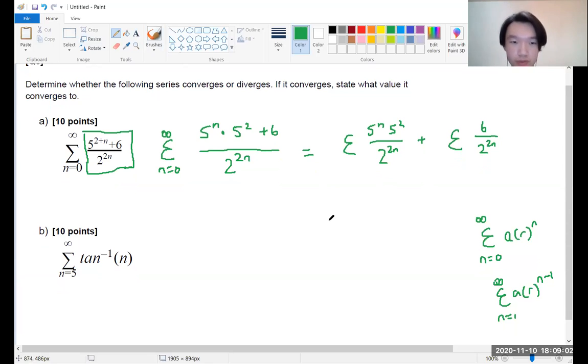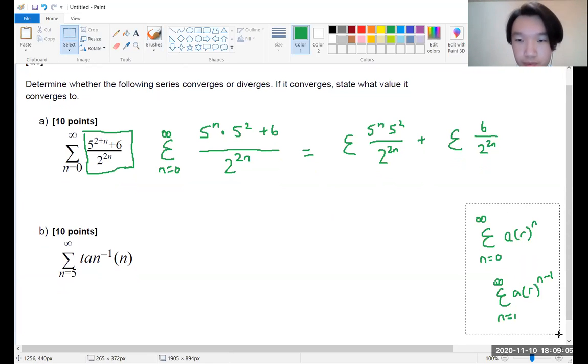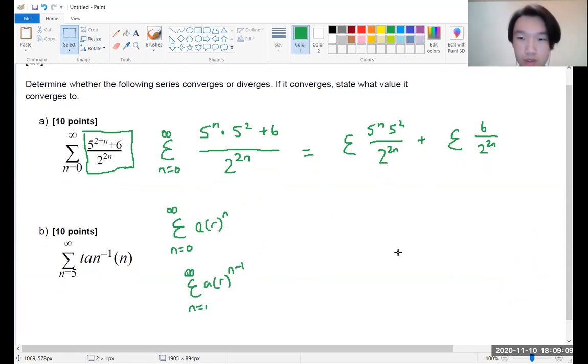Now what? Doesn't look like a geometric series yet. I have an idea. We can rewrite 5 squared as 25.